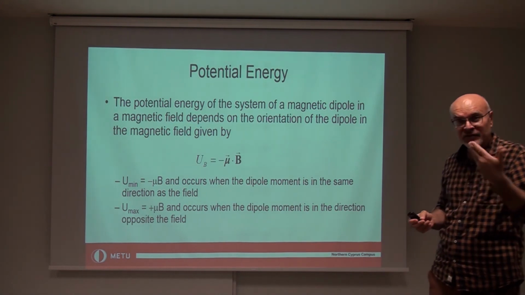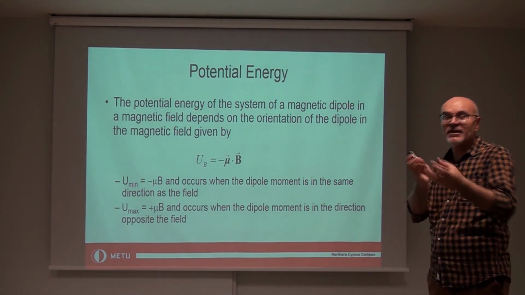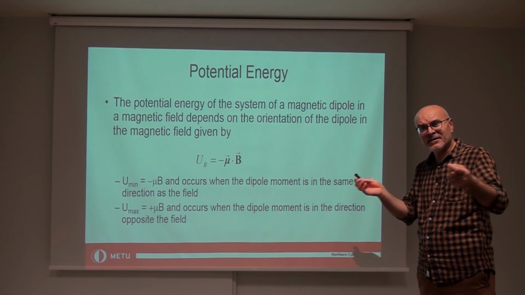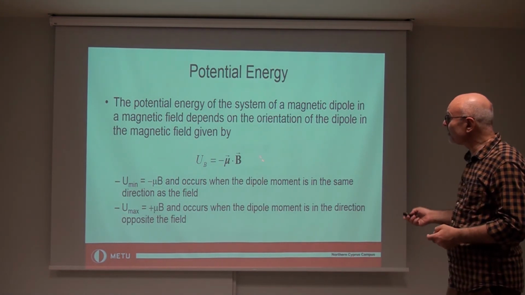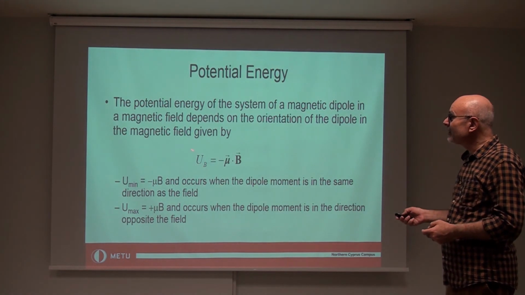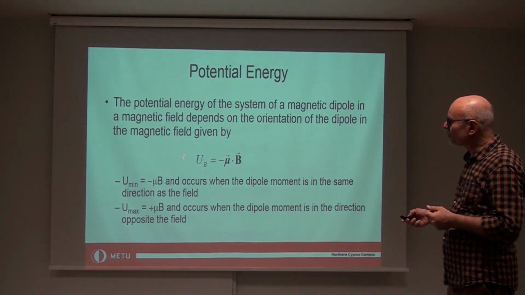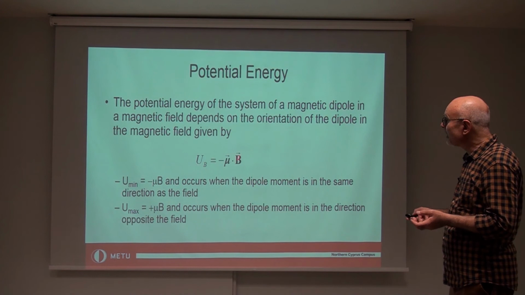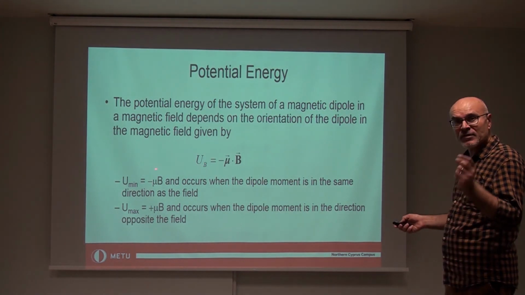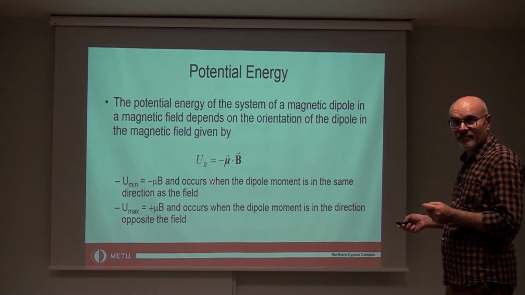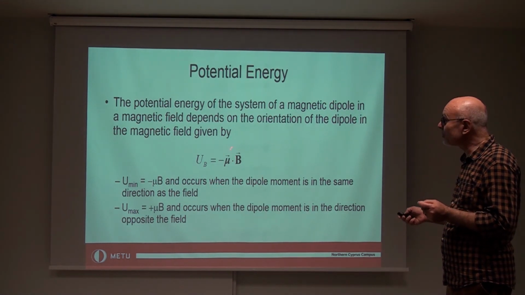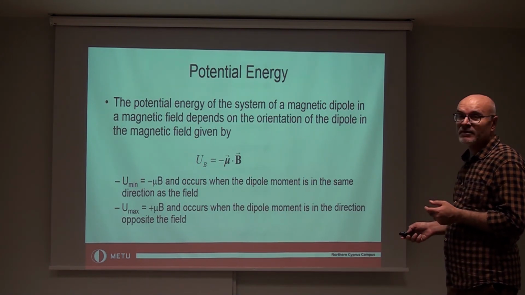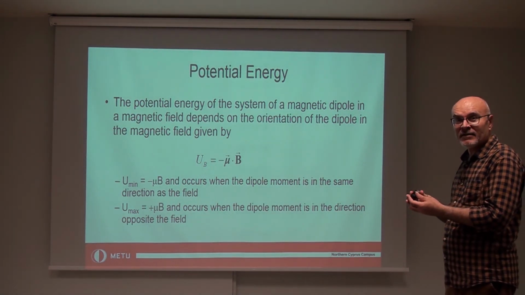In that case the potential energy was minus P dot E. Here we follow exactly the same lines and define the potential energy of a magnetic dipole of magnetic moment mu in a magnetic field B as minus mu dot B. So this is the potential energy of a dipole in a magnetic field.